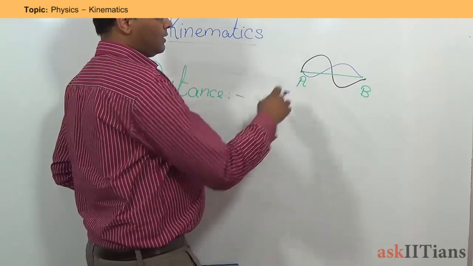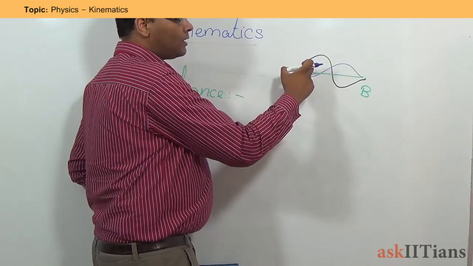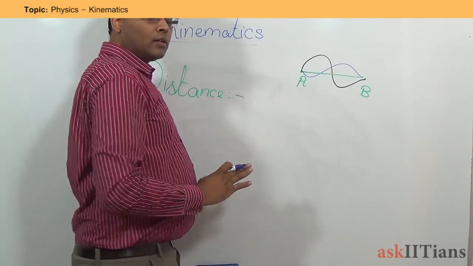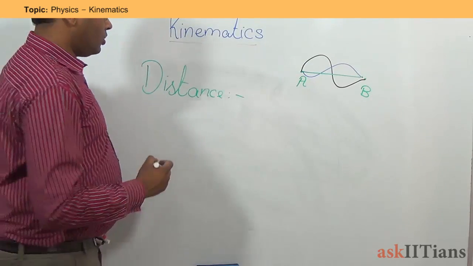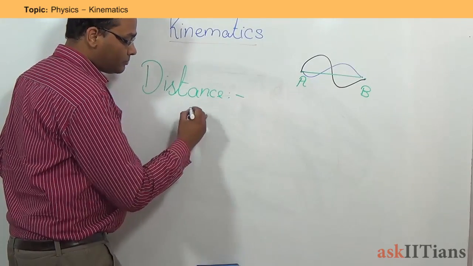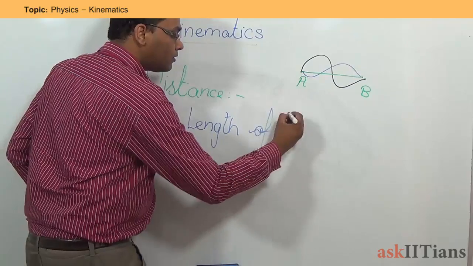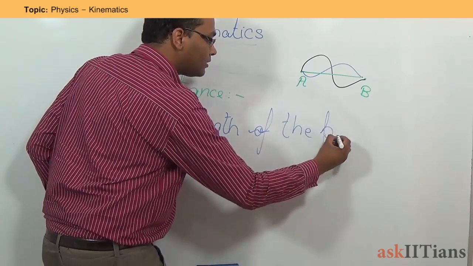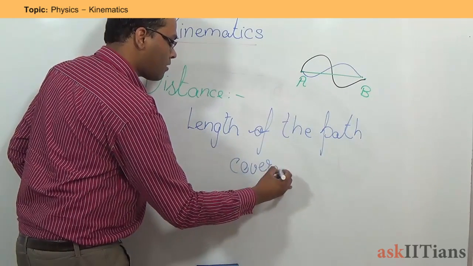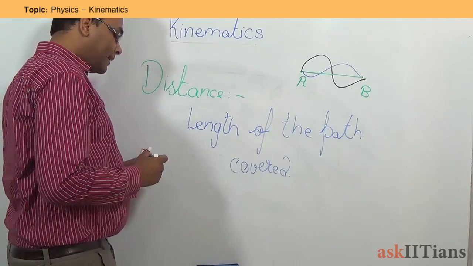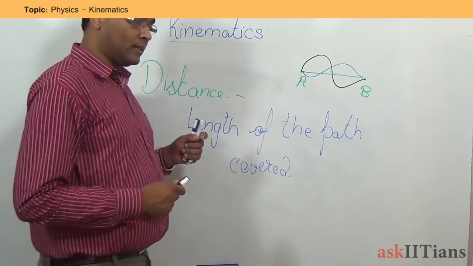As we see, the distance can be covered by n number of possible paths, and the lengths of all the paths do not necessarily have to be equal. It can be different and it will be different. So distance is equal to the length of the path covered, right? When I say it's equal to the length of the path covered, obviously it's going to be dependent on the path.